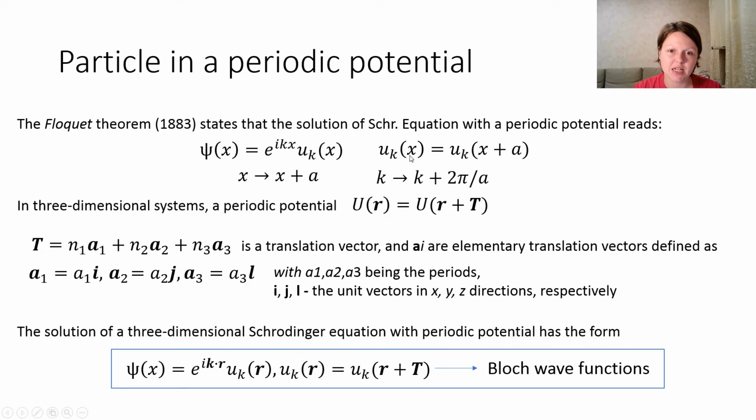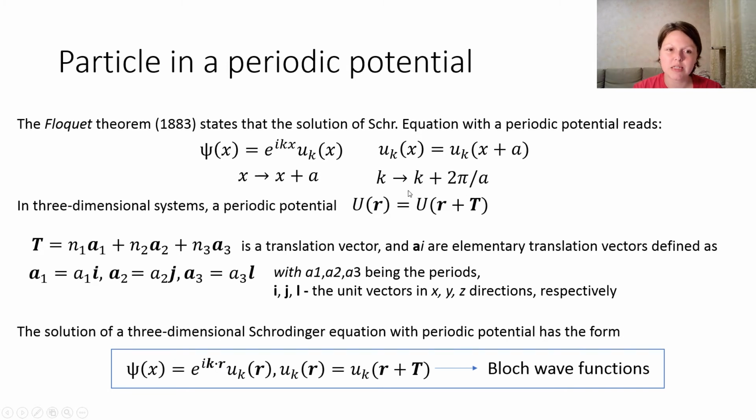The subscript k means that this function is different for different wave numbers. So, to summarize, the wave function is periodical in accordance with coordinate x with the period a, and it is also periodical in accordance with wave number k with the period of this one.